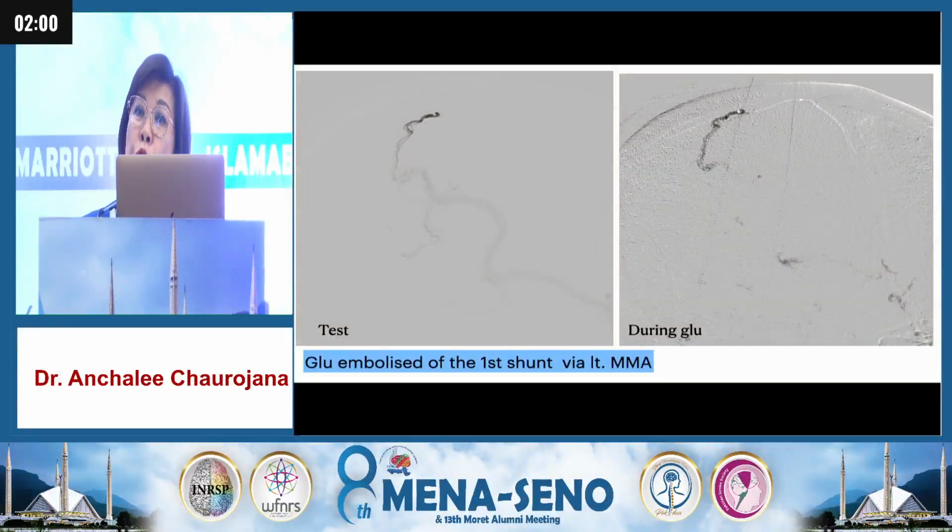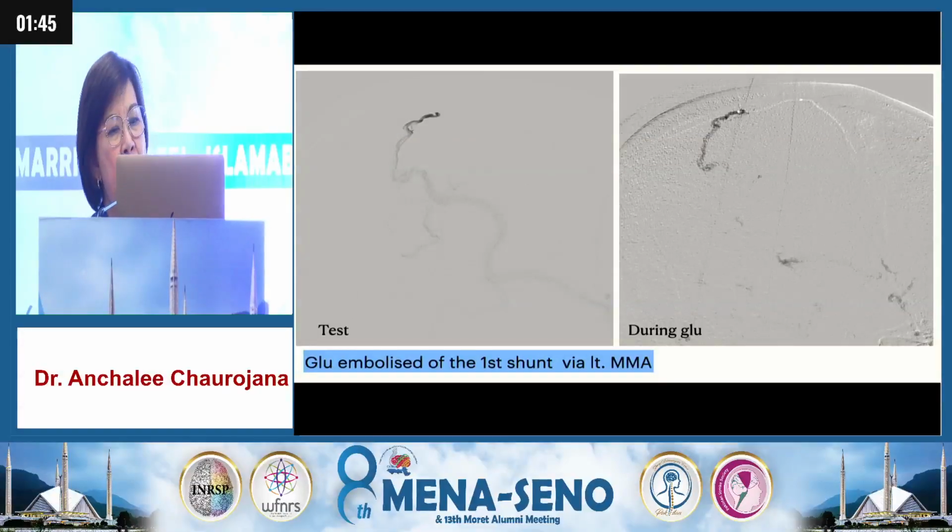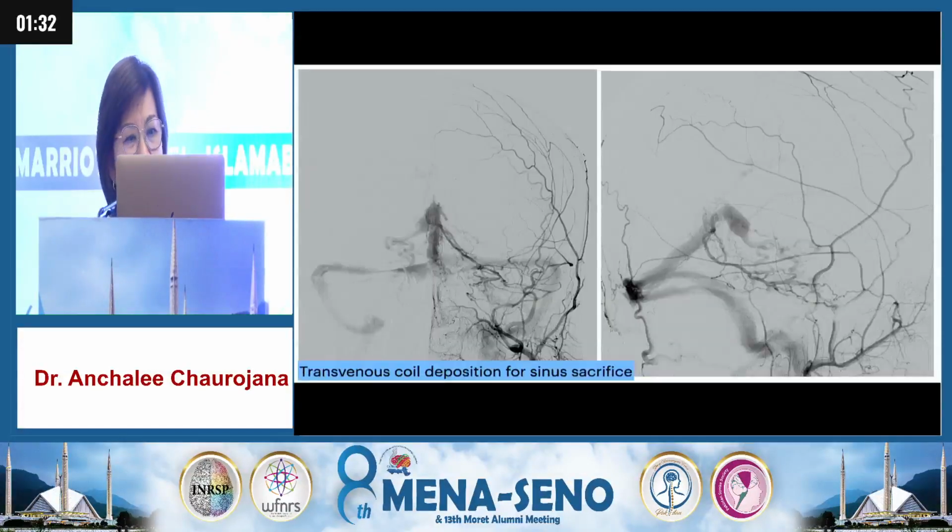So we decided to treat both, and we chose the first one, the easiest one, going by the middle meningeal artery on the left side. We got down there, and it was not difficult. I was still using glue at this moment, and after just one shot of injecting this, the first shunt disappeared.